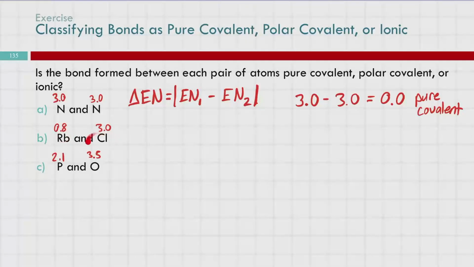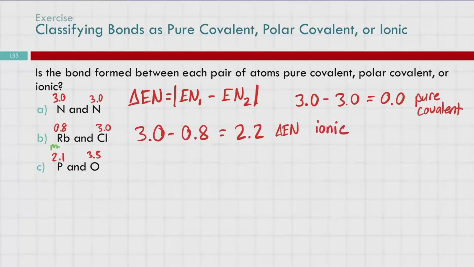Between Rb and Cl, 3.0 minus 0.8 gives us a value of 2.2 for our difference in electronegativity, our delta EN. Which of the three options is that going to be? That is going to be ionic. We could also tell that it's ionic another way. What's the other way that we could tell that it's ionic? It's a metal and a nonmetal. So Rb is a metal.